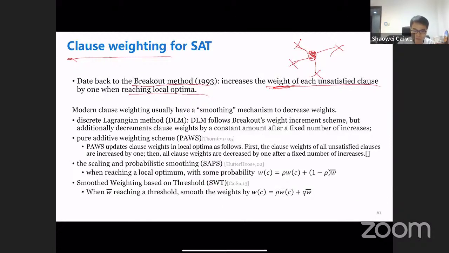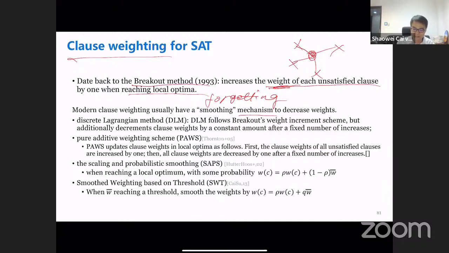A modern clause weighting usually has a smoothing mechanism. It's somehow like a forgetting mechanism, similar to the branching heuristic in VSIDS, because the clause weighting decisions made earlier in history cannot be considered as important as at the current stage. So we need to forget some of the weights.